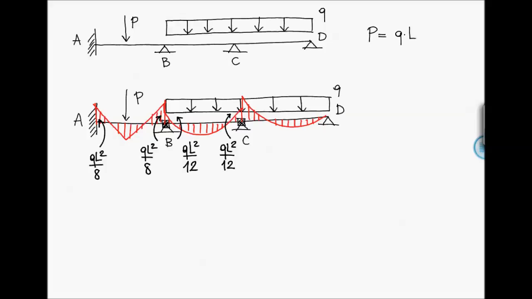And on beam CD, we have a bending moment in C equal to QL squared over 8. The length of the beams, of course, is L.